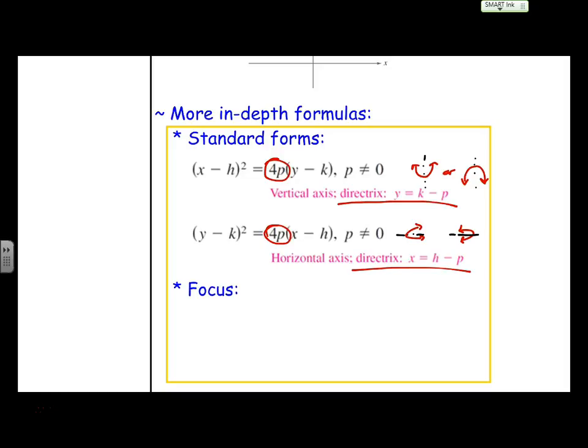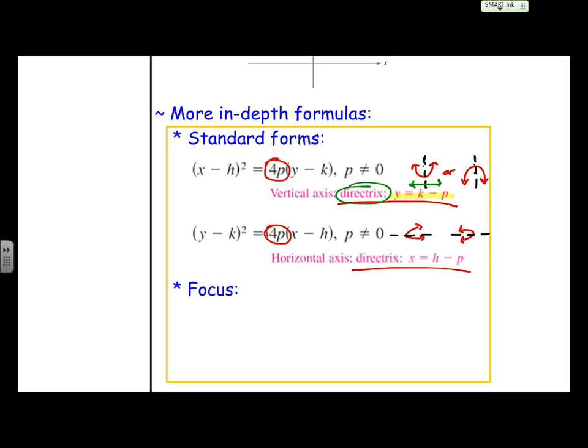Depending on how the parabola is oriented, the directrix is going to go different ways. If the parabola is oriented up and down, the directrix is going to be perpendicular to the axis of symmetry. And so instead of having an x equals, what's the directrix going to have? A y equals. So the directrix is going to be a horizontal line.